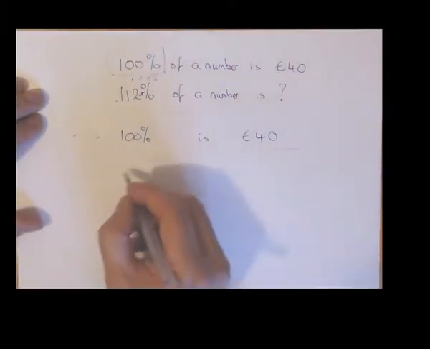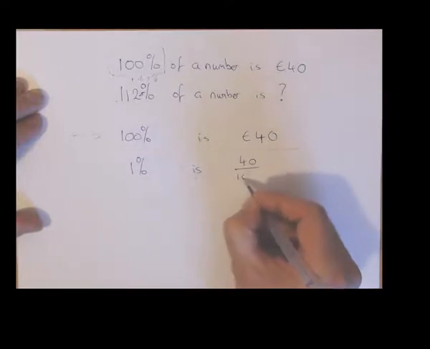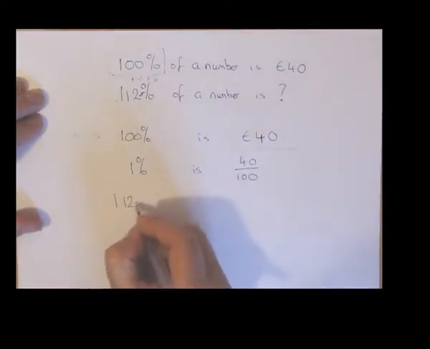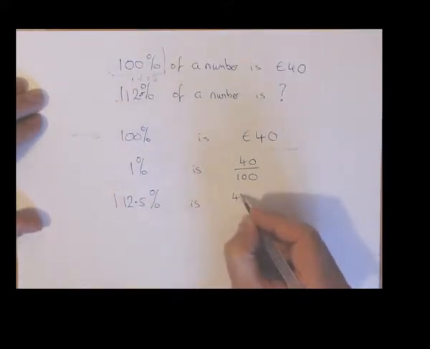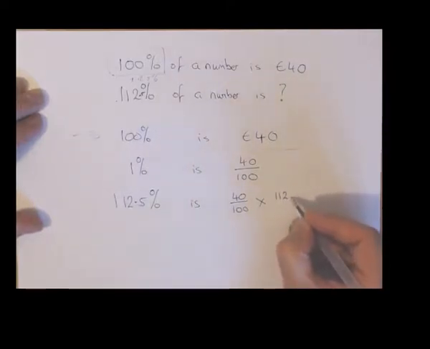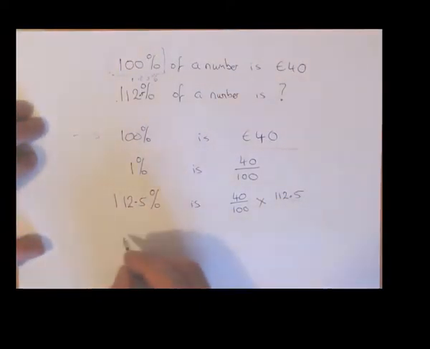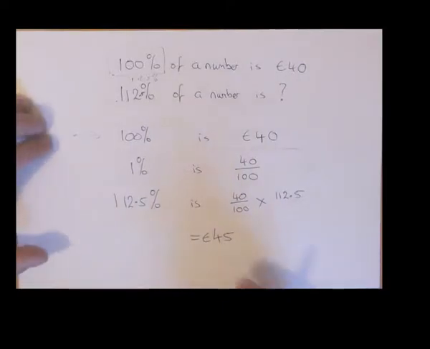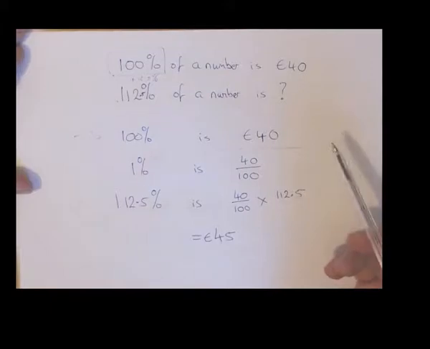That's what we start with. 1% is €40 over 100. 112.5% is 40 over 100 multiplied by 112.5. You just stick that into your calculator, and of course your answer will be €45, the final answer that you expected to get when you added 12.5% on.